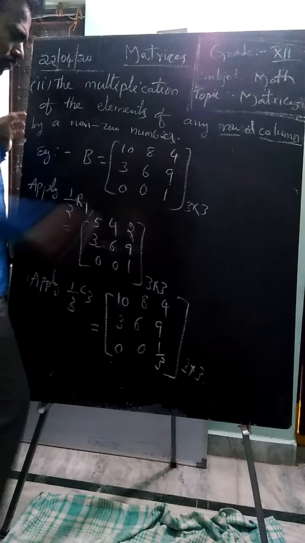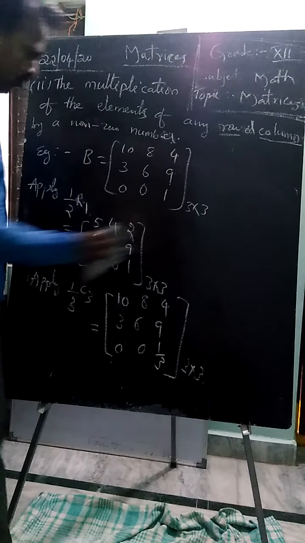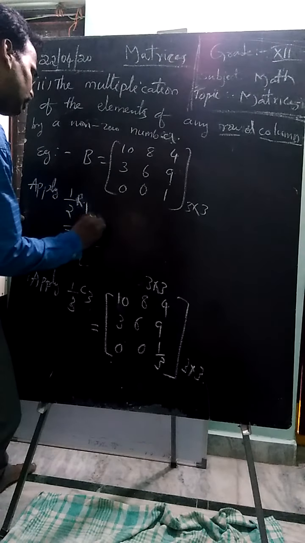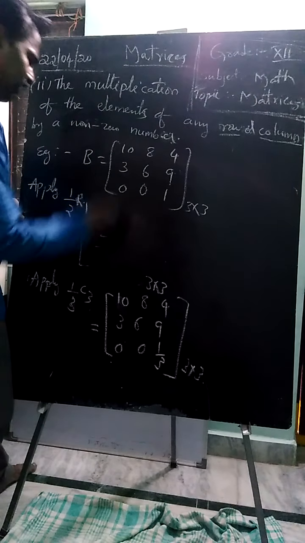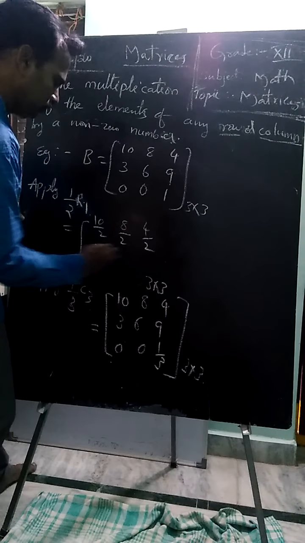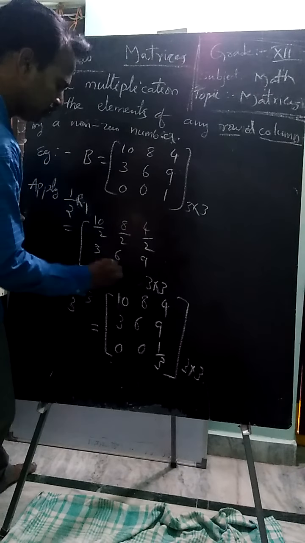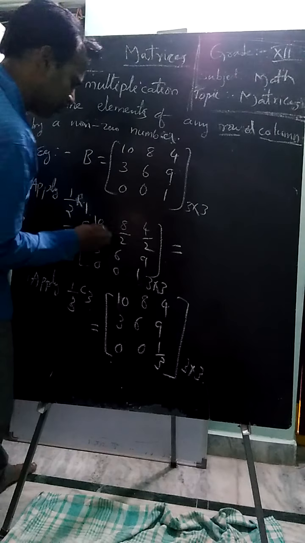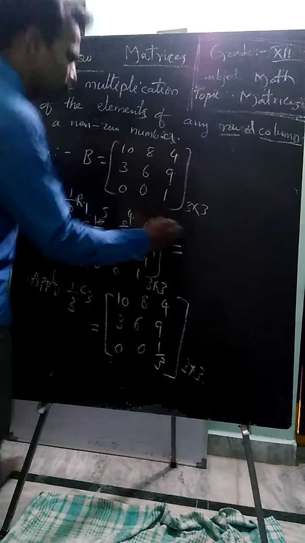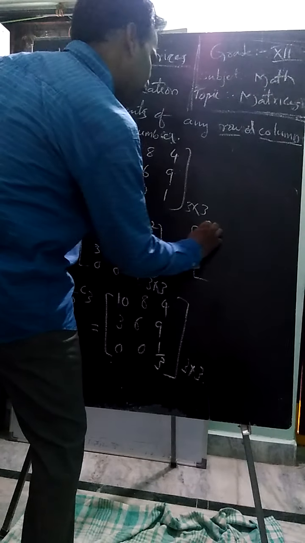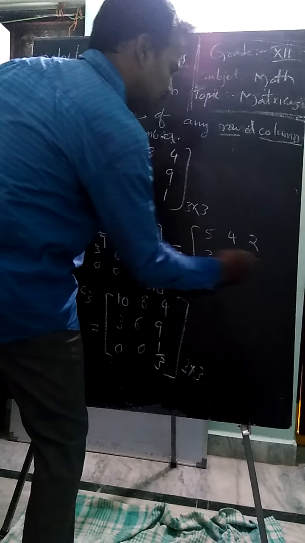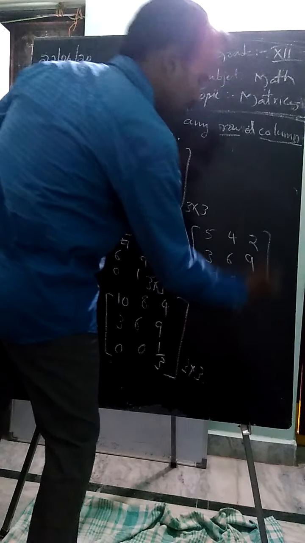If you want to do it stepwise, that is not an issue. So we got the new matrix as 5, 4, 2, 3, 6, 9, 0, 0, 1, which is of order 3 by 3.